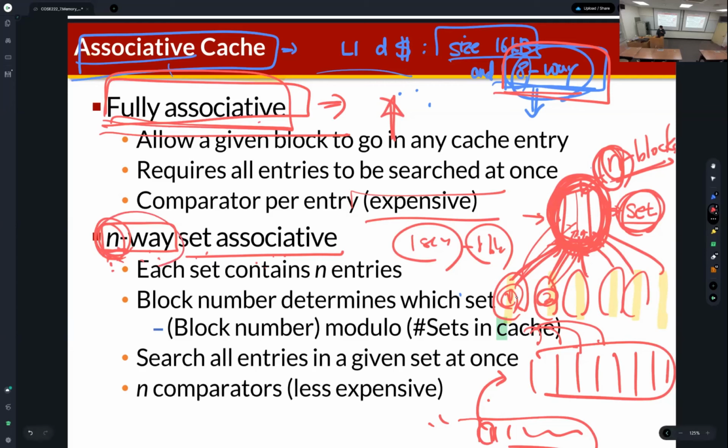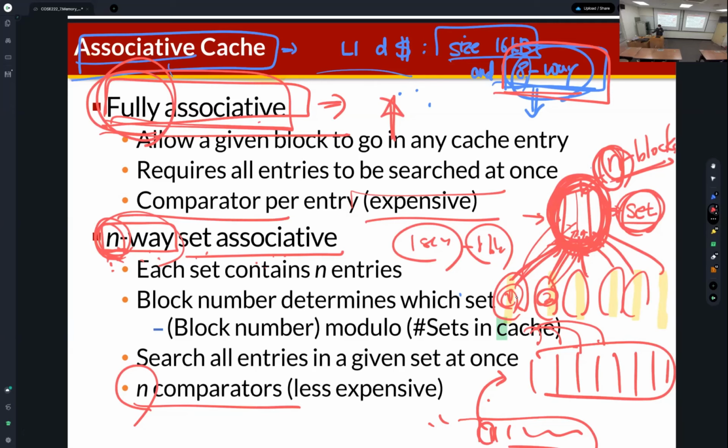The n-way set associative cache is more expensive than the direct mapped cache because we require n comparators. How can you identify the memory block? We can just compare the tag stored in the cache. But in the fully associative cache, the memory blocks can be stored in every cache line, which means we require a comparator per entry of the cache.